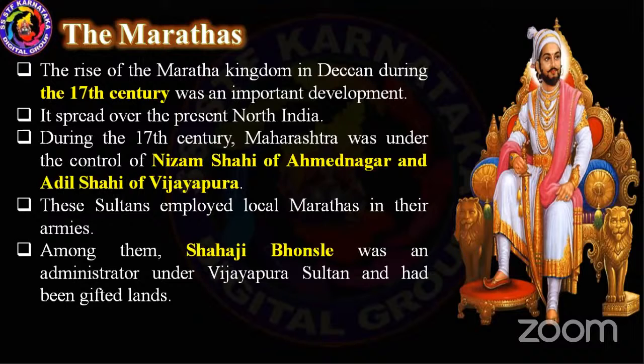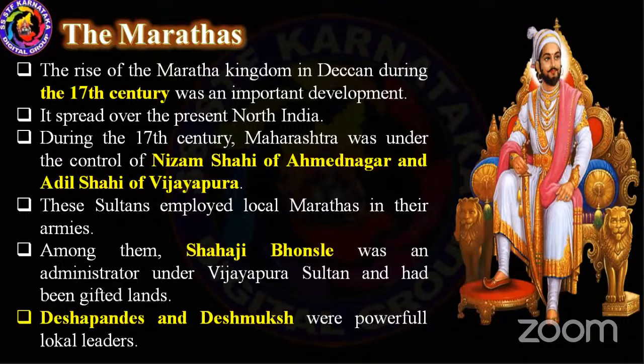Among all the Maratha officials who were ruling under the Nizam Shah of Ahmednagar and then the Adil Shah of Vijaypura, this Shahaji Bhonsle is one. Adil Shah of Vijaypura granted land to Shahaji Bhonsle to run its administration.